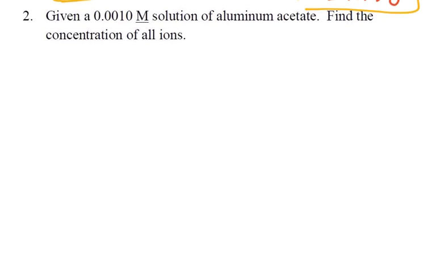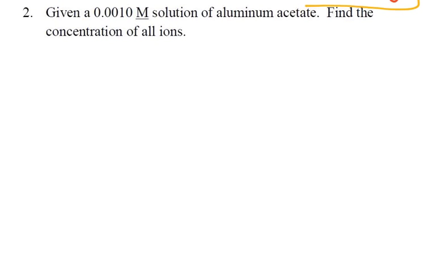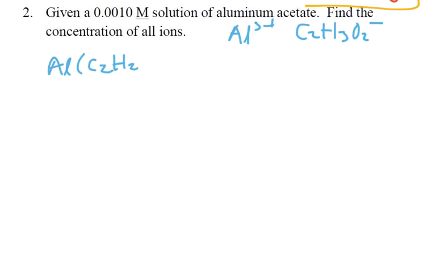Now the second problem on here has to do with a soluble salt, and this is aluminum acetate. So again, we have to go through this idea. Aluminum we know is Al3+, because we memorized our ions. And we know acetate is C2H3O2-. So if it's a 3+ ion and a 1- ion, the compound is going to be Al(C2H3O2) taken 3 times.